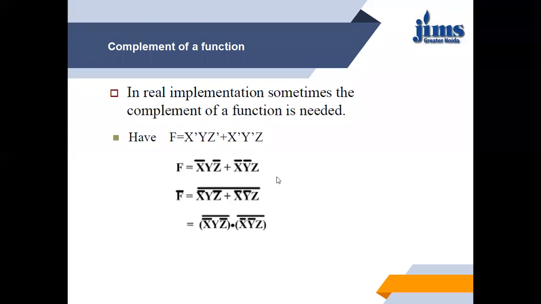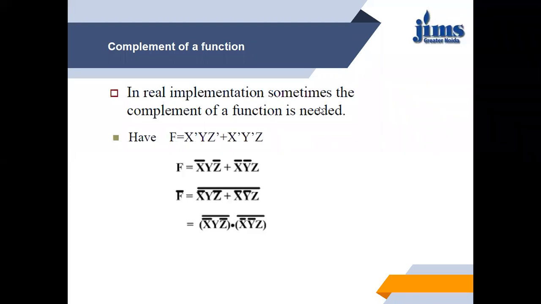Now we solve it further using De Morgan's theorem, which says: break the line, change the sign. Applying this theorem, we break the line from here, then again x bar y bar z whole bar. This is the first breaking of the line.